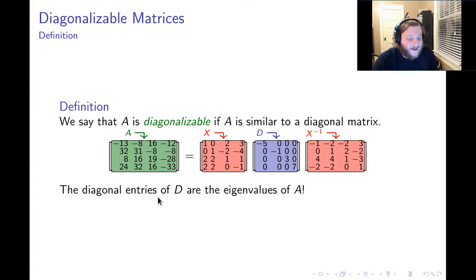The diagonal entries of D in this diagonalization are the eigenvalues of A. So this one equation, among many things as we'll see in a moment, is telling me that the eigenvalues of A are -5, -1, 3, and 7.